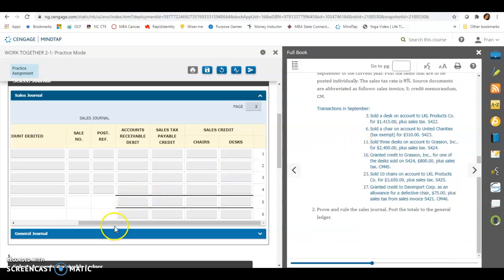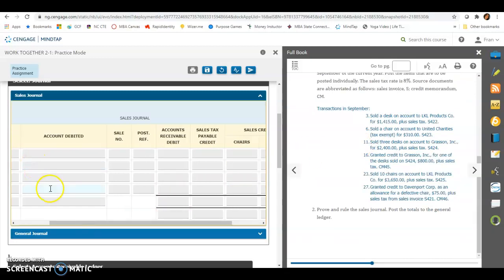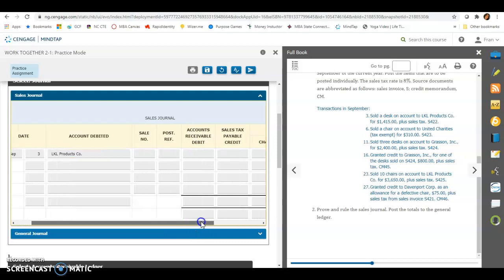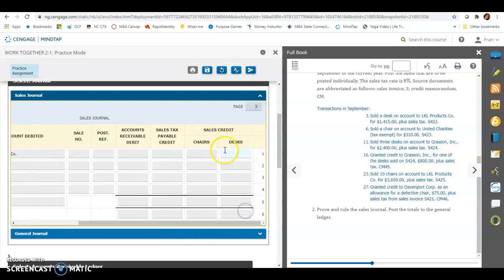So let's get started. We're in September. September 3rd is our first transaction, and this is going to be LKL Products. Sold a desk on account for $1,415. So we sold the desk for $1,415.